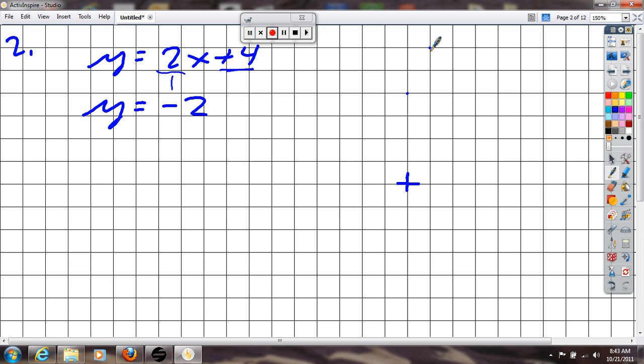And we're going to take our straight edge and draw our line. I don't really like that line. It's off. Let me do it a different way.